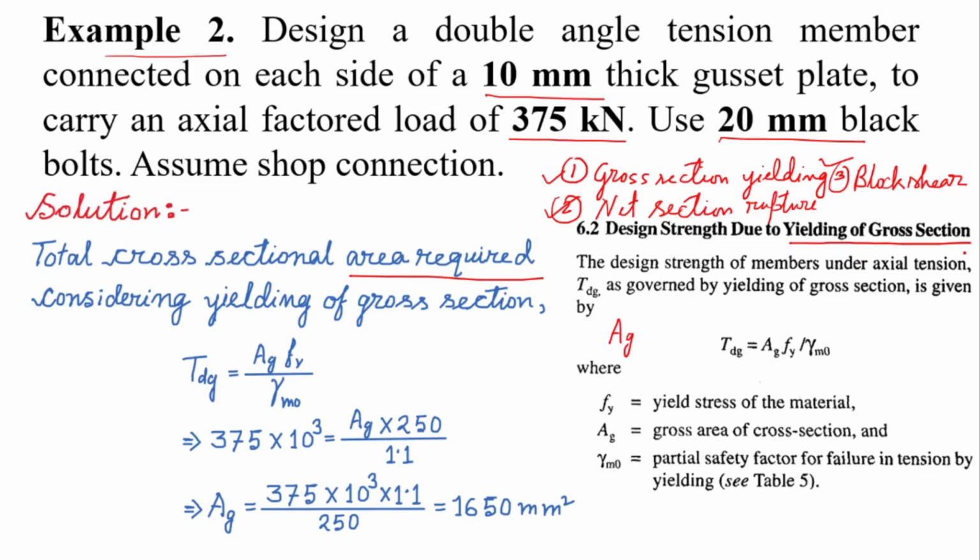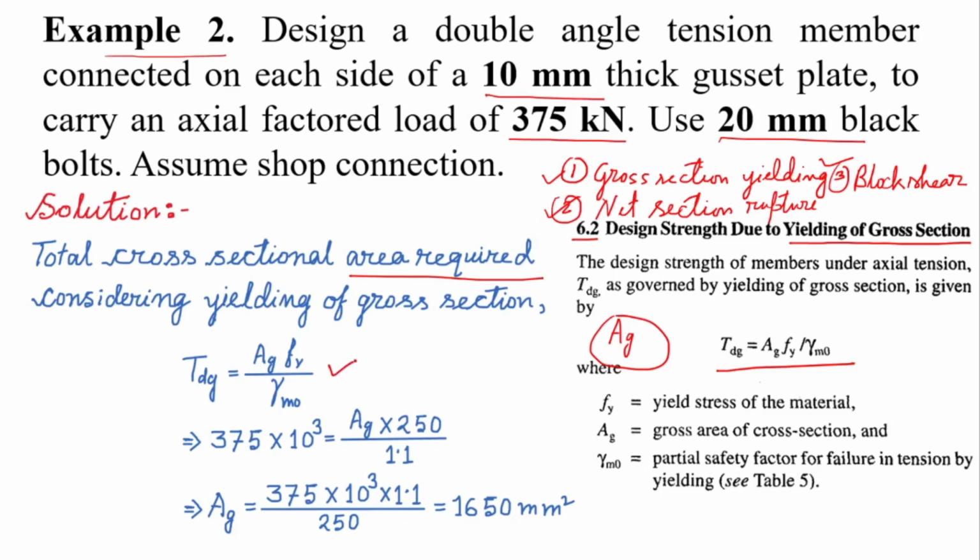That means the equation for design strength due to yielding is connected to the gross area of the cross section. That's why this formula, which is given in clause number 6.2, for design strength due to yielding of cross section, is to be used to calculate the required cross-sectional area of the angles.